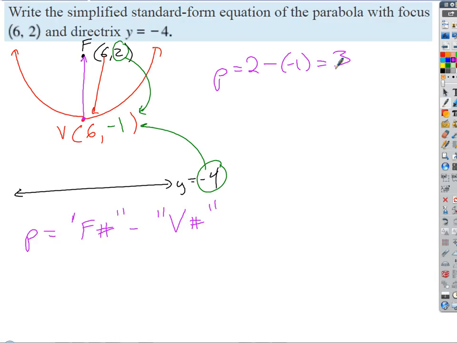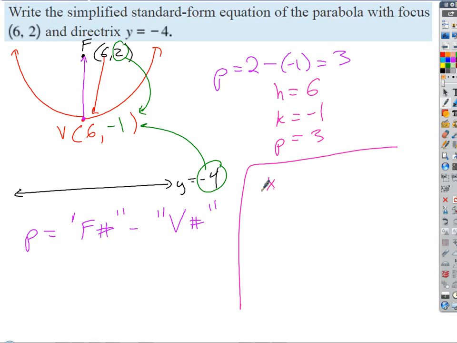Now we've got them all, we just plug them in, right? This tells me h and k, so let's summarize what we know. h equals 6, k equals -1, p equals 3. So then if we just plug that stuff into our standard form, this is a vertical parabola, so the x is the variable that's being squared. What do we get?